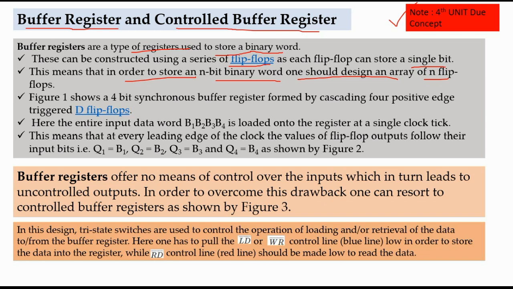I have taken two examples. First, the 4-bit synchronous buffer register, formed using 4 positive edge triggered D flip-flops. In that diagram I try to load a 4-bit number, B1, B2, B3, B4, onto the register at a single clock tick.